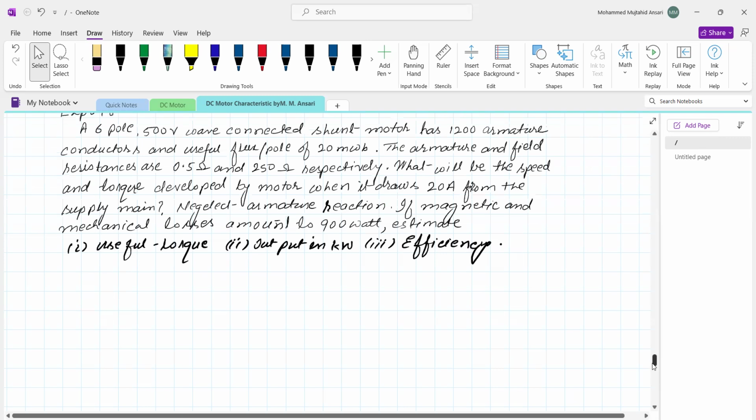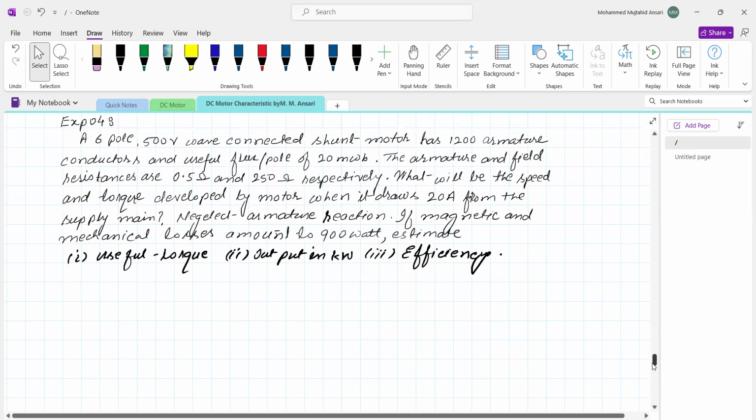So this is the numerical. A 6-pole 500 volt wave connected shunt motor has 1200 armature conductors and useful flux per pole is 20 milliweber. The armature and field resistances are 0.5 and 250 ohm respectively.